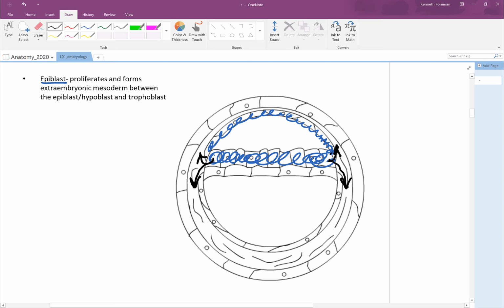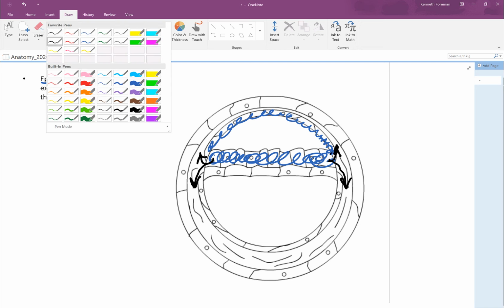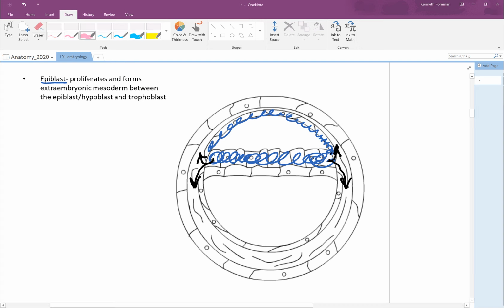And what we end up getting is this area right here, that layer on the outside, which we refer to as extraembryonic mesoderm.